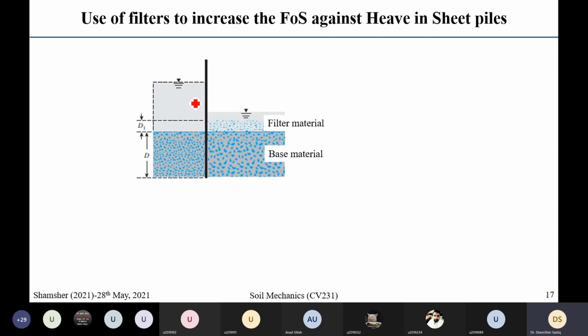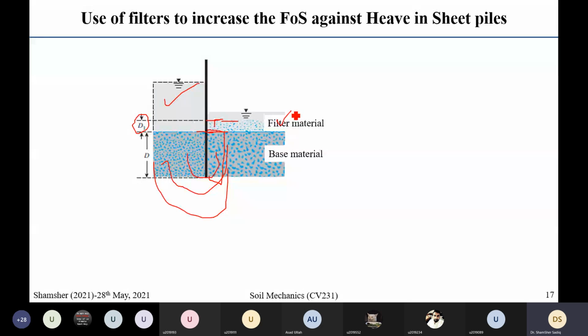Now you can see this is a sheet pile, this is the upstream side, this is the permeable strata, and this is the impermeable strata. Due to the seepage, the water pressure will develop over that, and Professor Terzaghi told us that this is D by 2, and this is D. So what we will do is design some depth of gravel mixed with some sand over here, and this is known as the filter material.